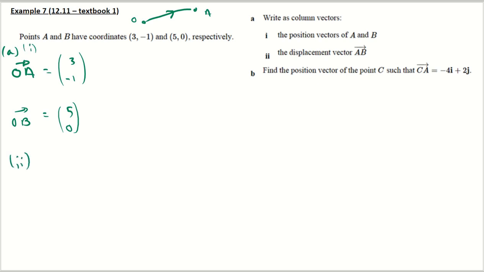Okay. So if we want displacement vector A to B, what we can say is that A to B can be written as, and we need to make it up of two vectors we already have. And you can use lots of different methods, and you can use diagrams really successfully for this, but I think the easiest way is look at the vector you've got, assume that you can swap them round, so OA you can also get AO.